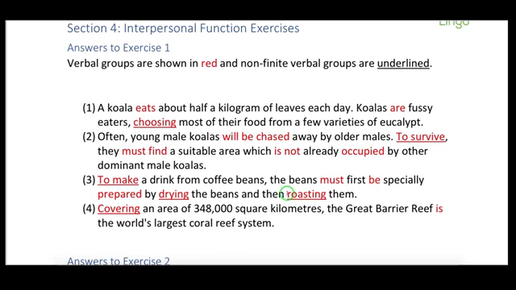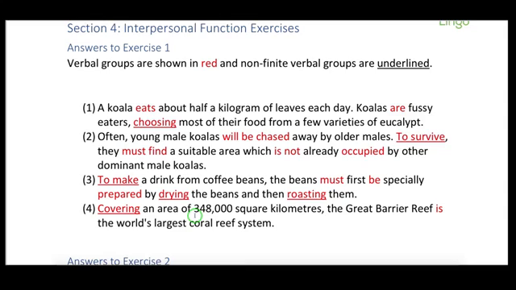Now, if this verb group here, drying, were to be finite, you'd need something like is drying or was drying or will be. We don't have it, so it's non-finite and the same as roasting.